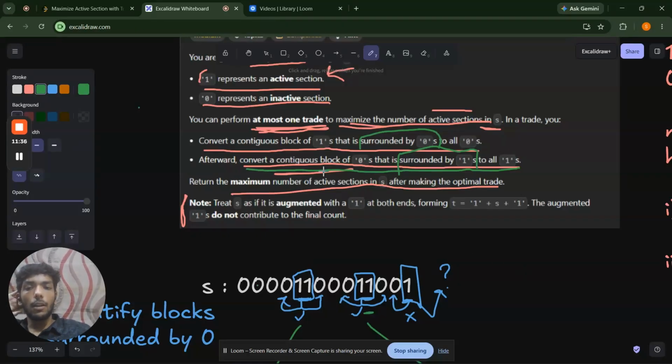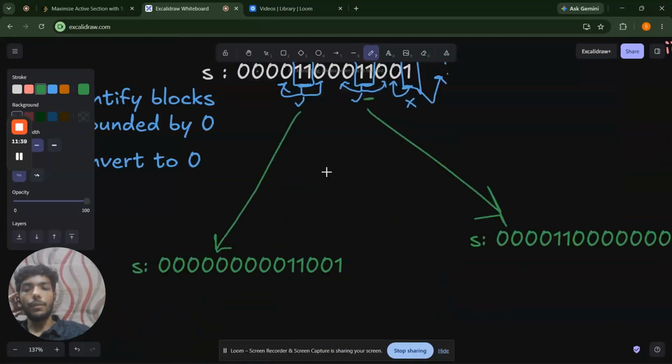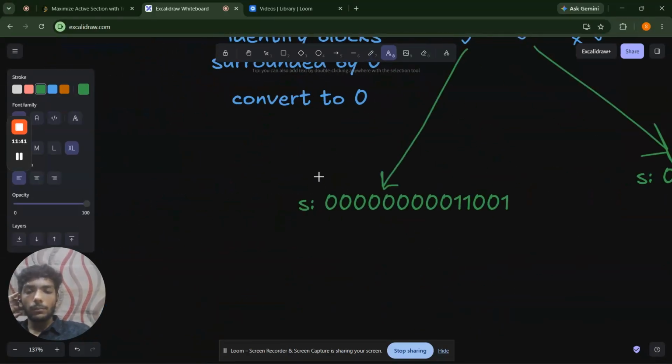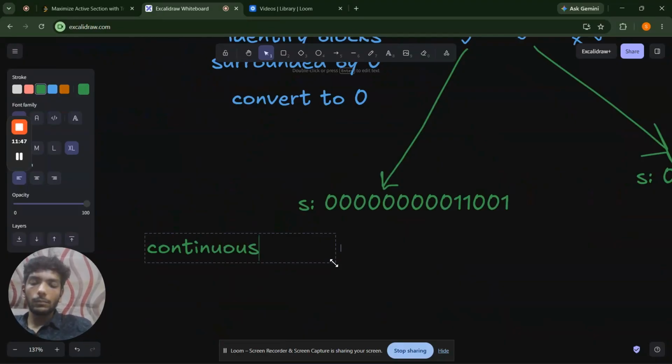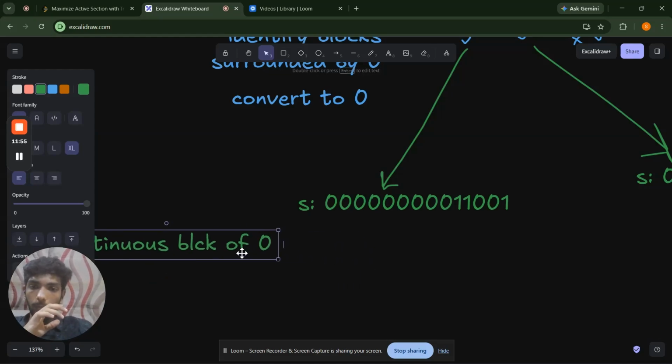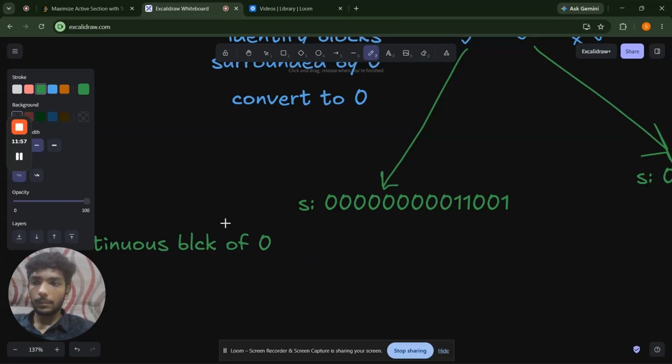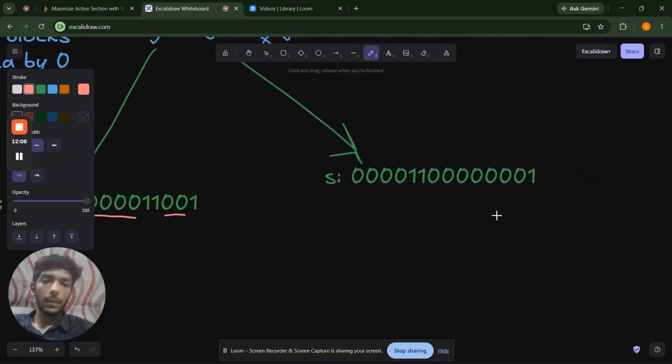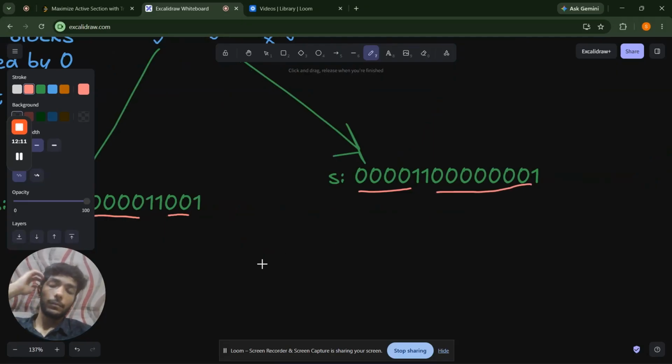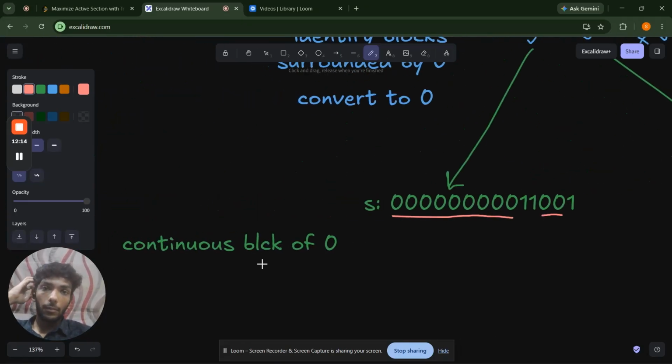Okay, so first we'll find a continuous block of zeros. In this case, it is one is this, one is this. In this case, it is this, this. Okay, we have got the continuous blocks of zeros.